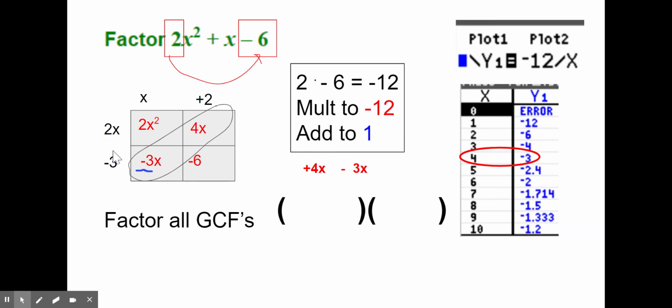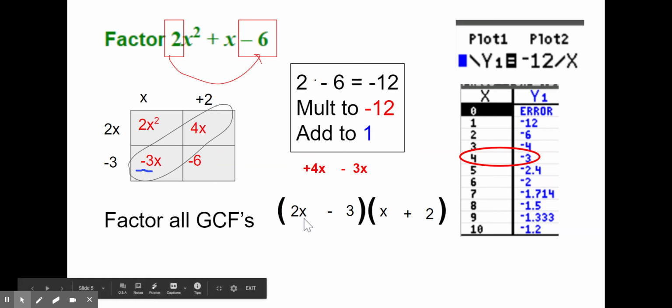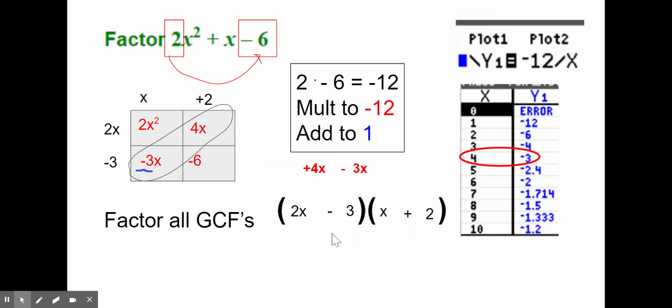Along the rows, 2x minus 3 goes in one of the binomials, x plus 2 goes in the other binomial, and there I have factored form of 2x squared plus x minus 6, two binomials, 2x minus 3 times x plus 2. And there you have it, ladies and gentlemen. Easy way to factor trinomials with a lead coefficient that's greater than 1.